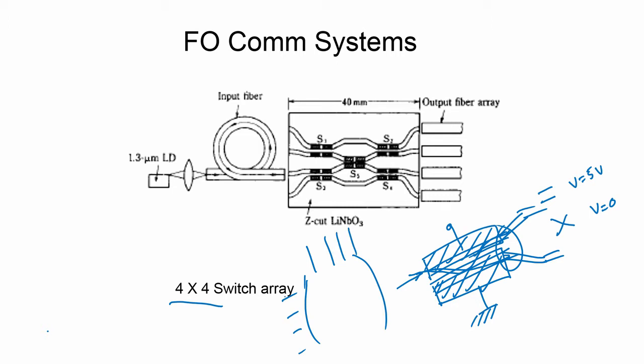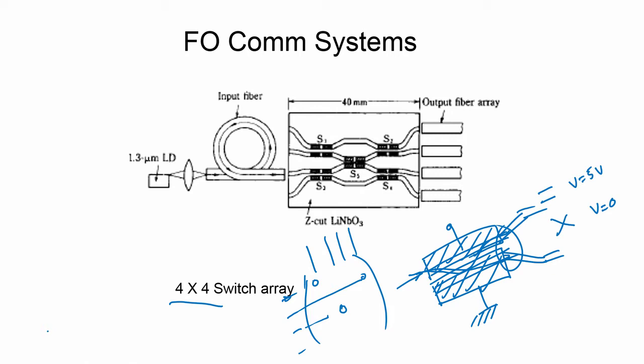Say, power coming from the first port is to be routed to the first port, or power coming from the third port has to be routed to the third port, and power coming from the second port may have to be sent to the fourth port, and so on. Whatever combination is needed. Of course, all combinations are not possible, but let us look at a typical given situation.